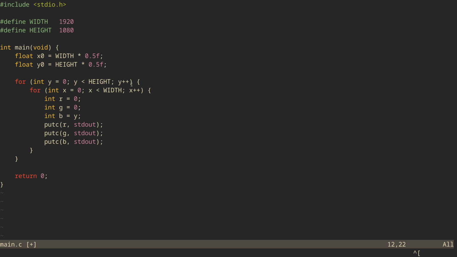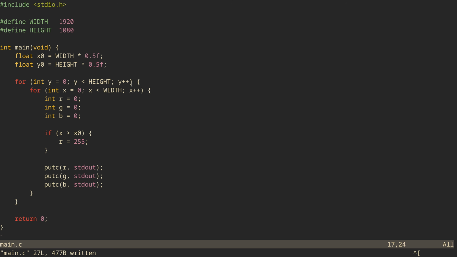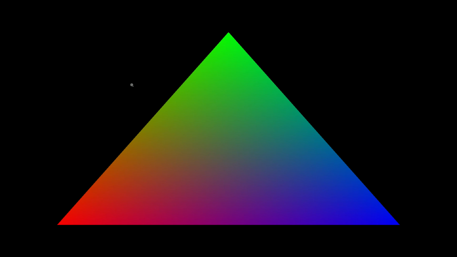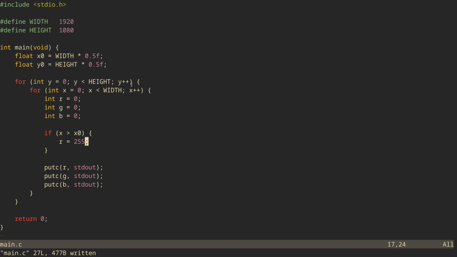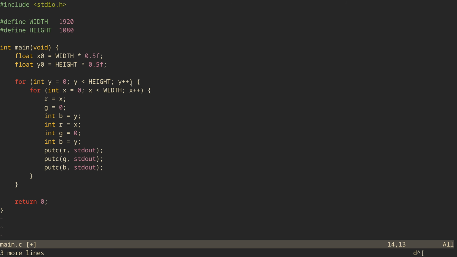So we could say that these are initialized to 0, and if x is greater than x0, we're going to set R to 255. Or actually, let's keep our same pattern, but we're going to do this.